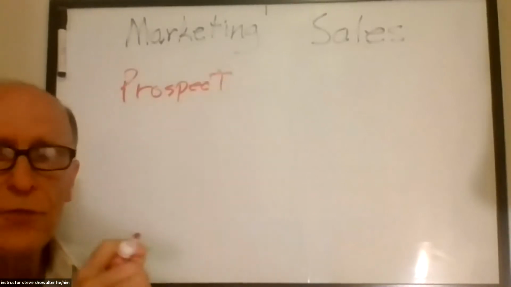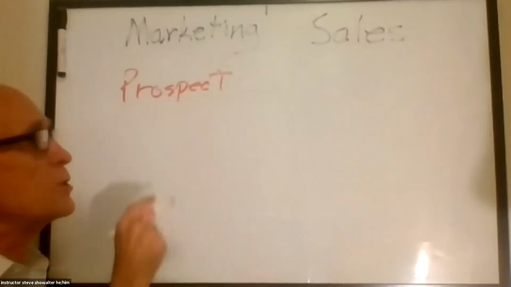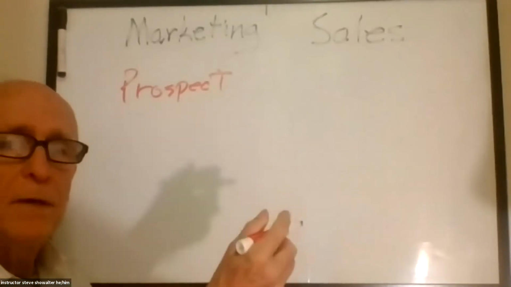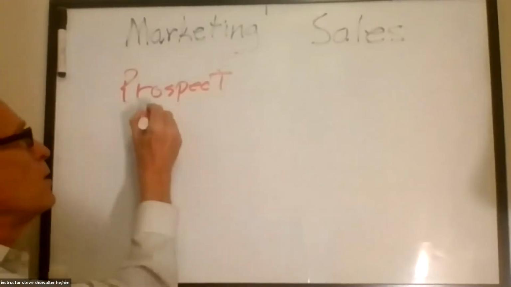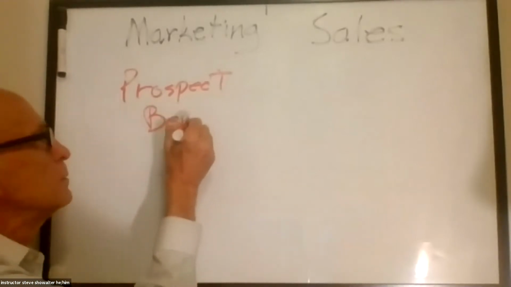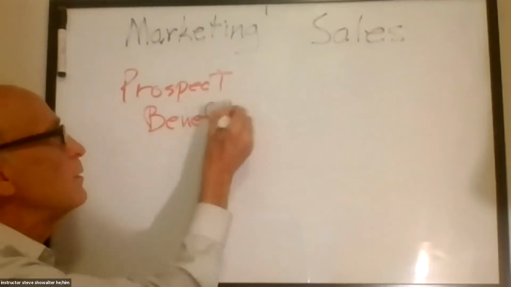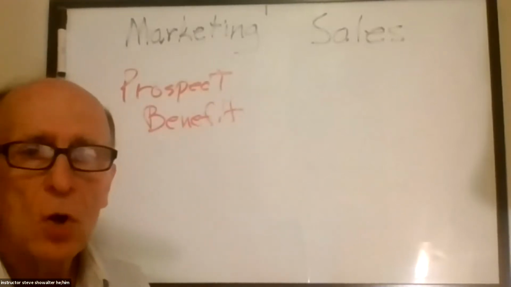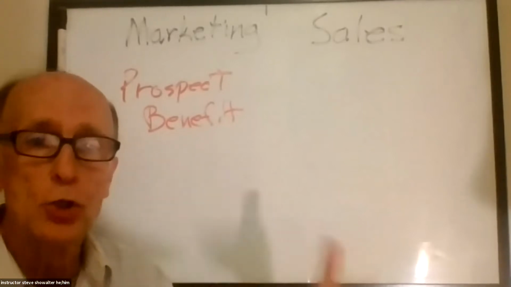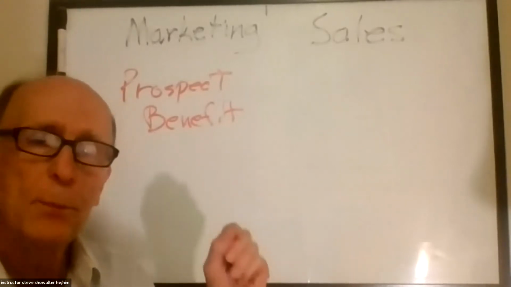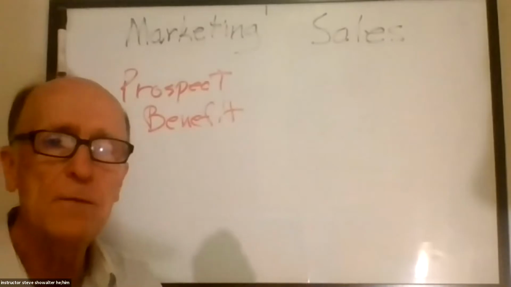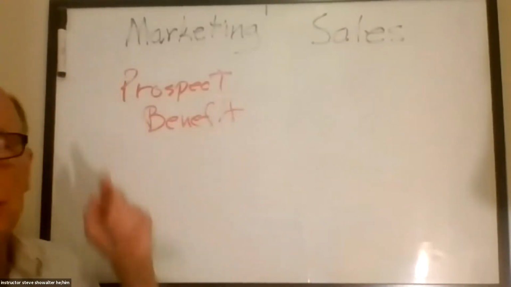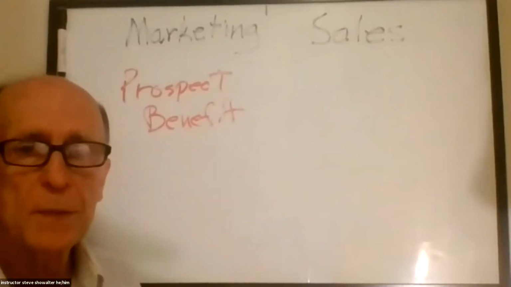And the thing that's going to give us the prospects we want is a marketing benefit. We're going to look for the benefit that the prospect is going to get. Way too many marketing campaigns focus on too many benefits. Pick one particular benefit for your business, and that's what should be the message that brings your prospect in.